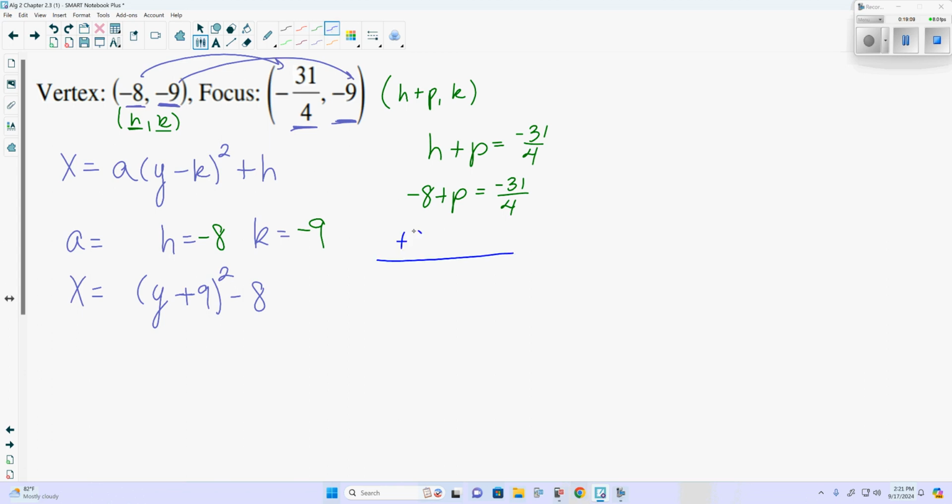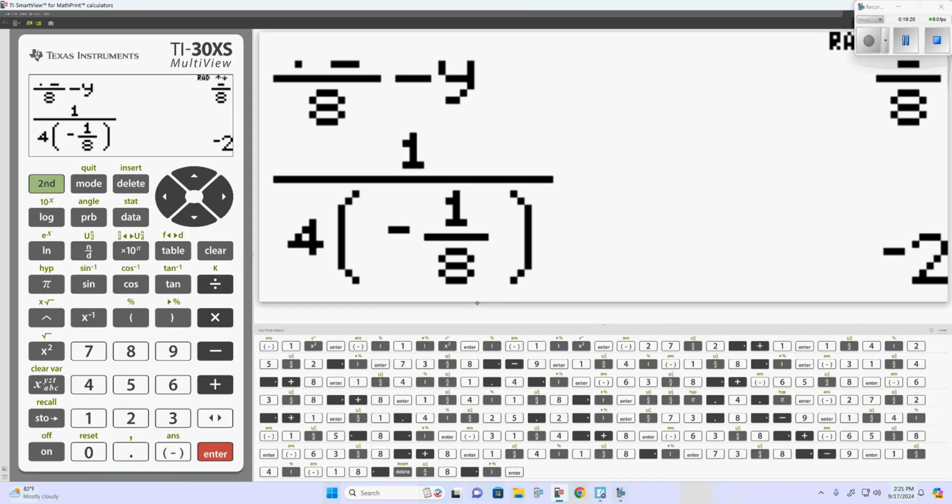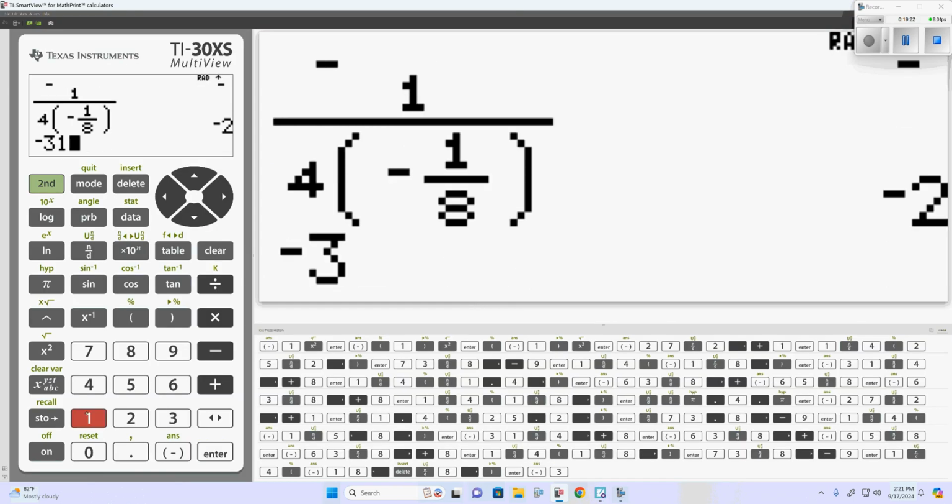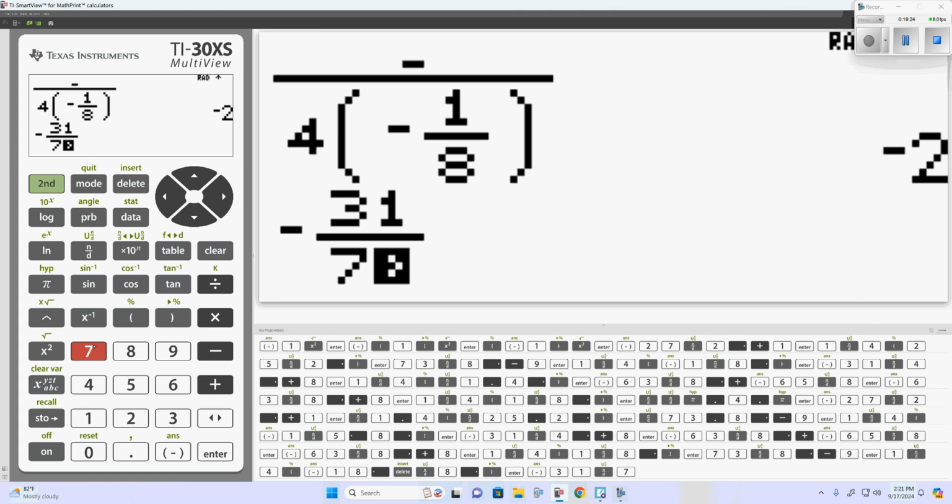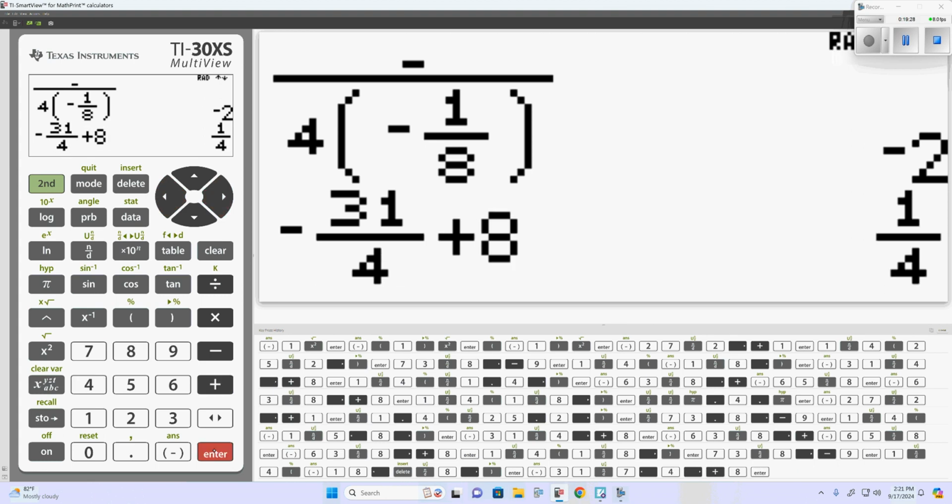Now we can add 8 to both sides. Fourths plus 8 is 1/4.